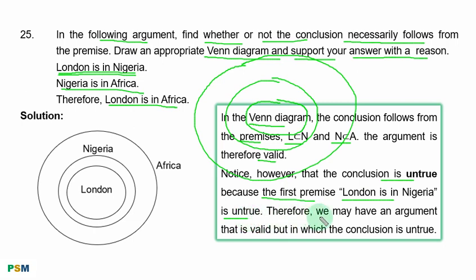Therefore, we may have an argument that is valid, but in which the conclusion is untrue, as I have illustrated with this diagram using the two premises and the conclusion.